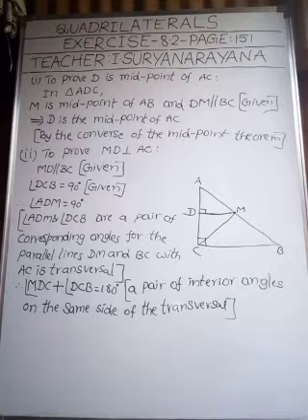But angle DCB is equal to 90 degrees, already given, so we substitute it.